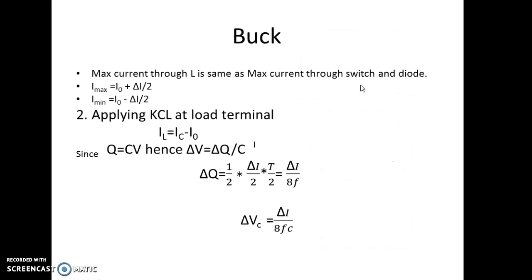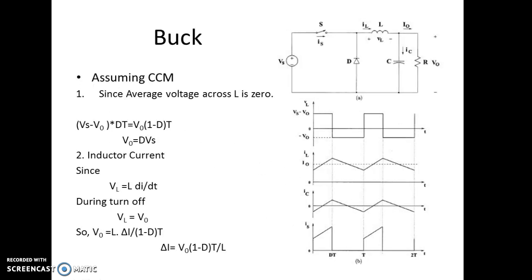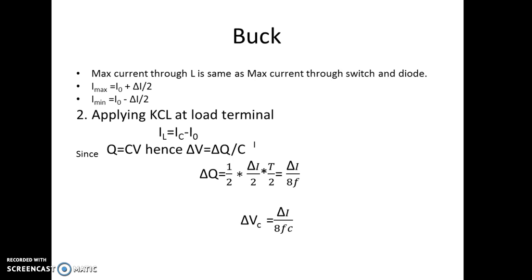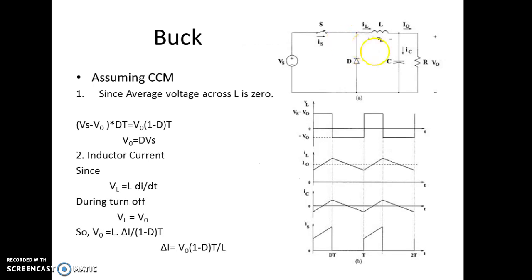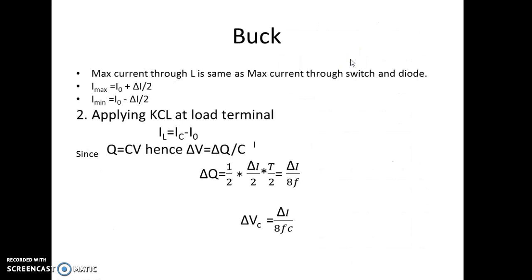Now the maximum current through the inductor is the maximum current through the switch and diode, since the switch and inductor are conducting in the on time period, and in the off time period the diode and inductor are conducting. So the maximum current through the inductor and the switch will be the same, and the diode will also be the same. Now you can see that Imax equals I0 plus delta I by 2.